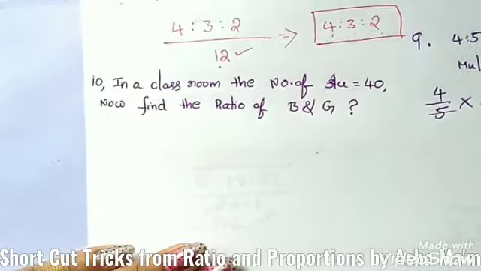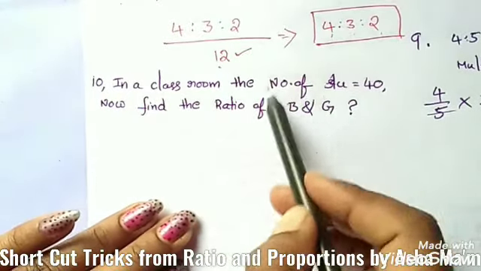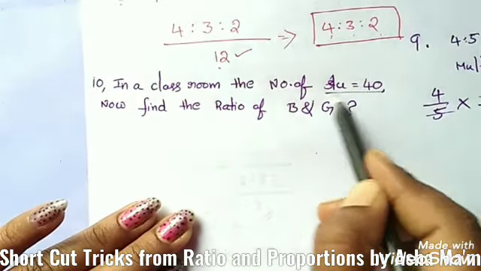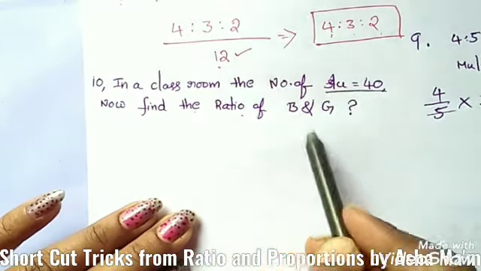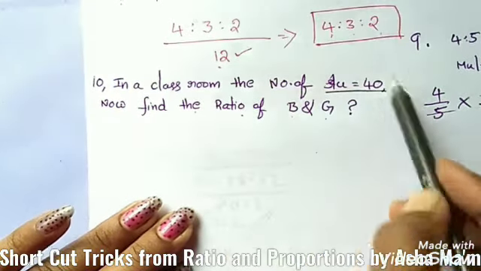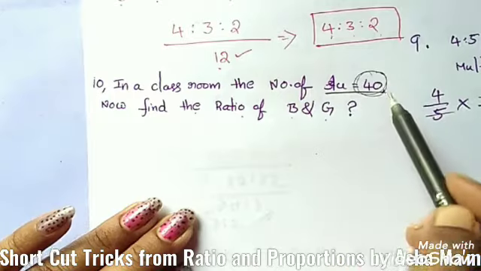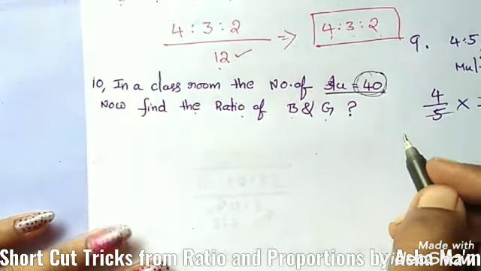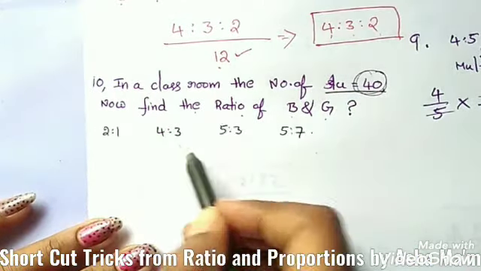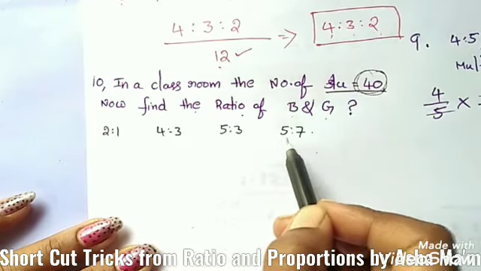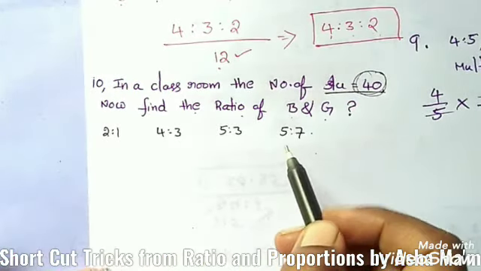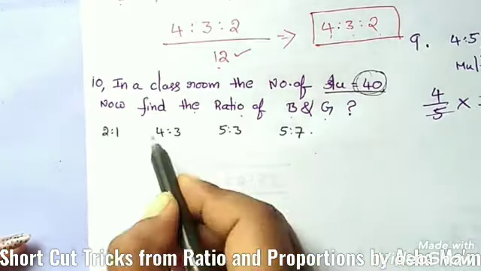You can see clearly, in a classroom, the total number of students are 40. Now find the ratio of boys and girls. Okay, here only the total number of students they have given, and just we can see the options also. 2:1, 4:3, 5:3, 5:7. Now you need to add these two numbers.